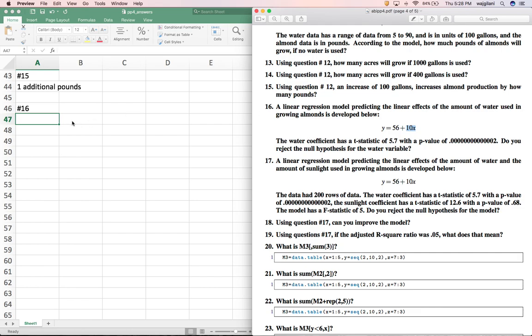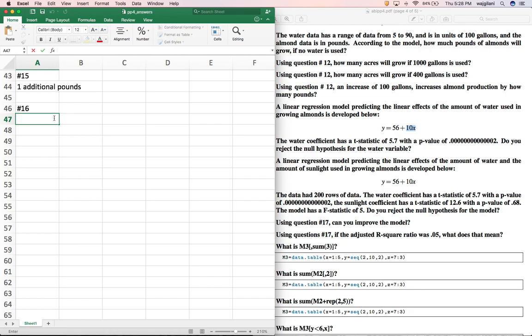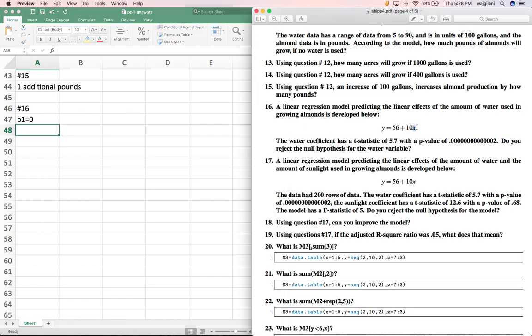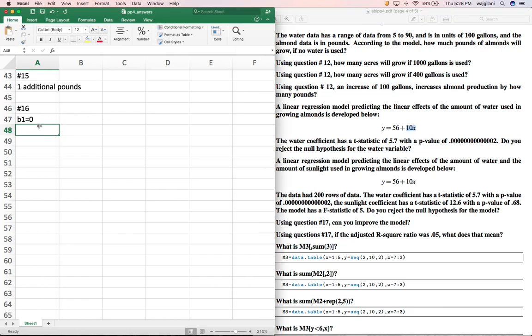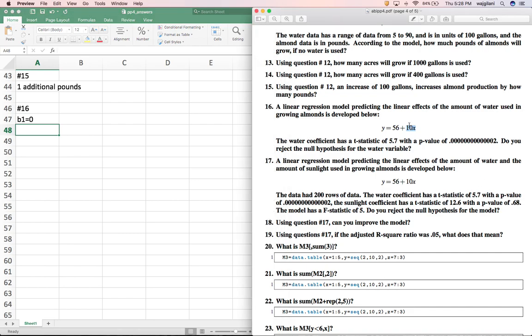In other words, our null hypothesis is that beta 1 equals 0. Beta 1 is regression speak for the first coefficient, the value 10. In actuality, the true value is 0, and this is just random error from the sampling of the data we had. That means the amount of water you use has no linear relationship to the pounds of almonds you grow.